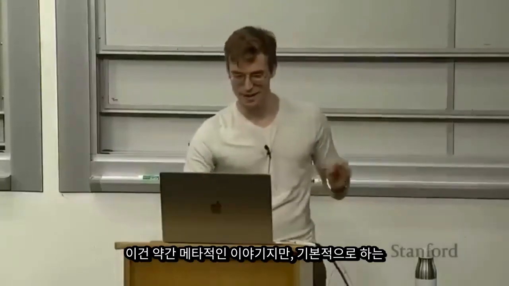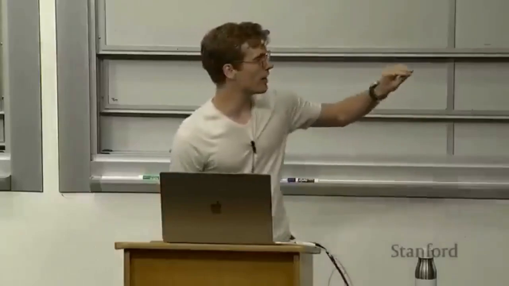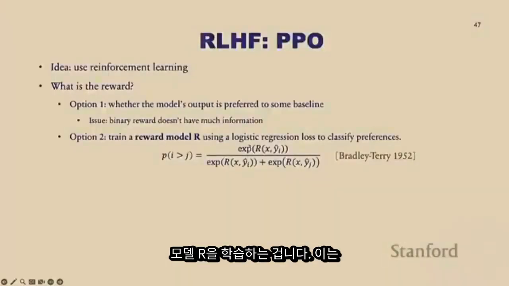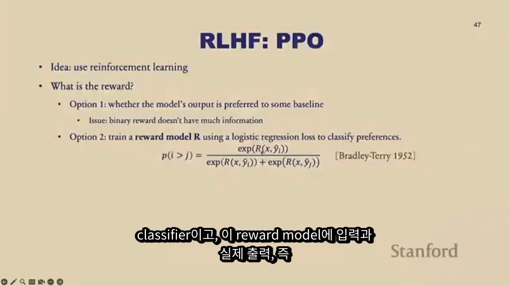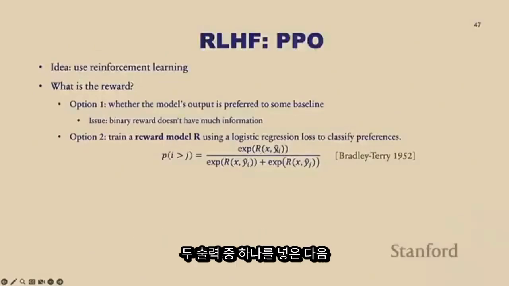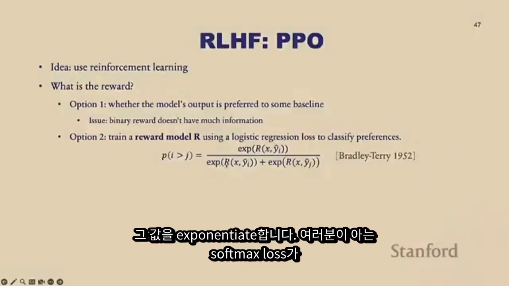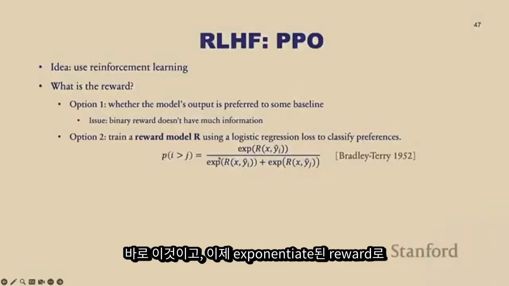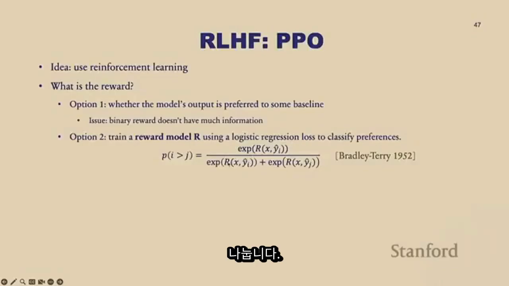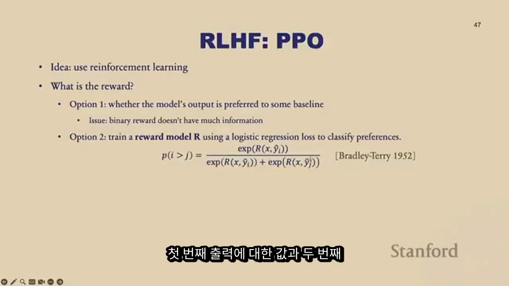This is a little bit meta, but what you basically do is you take a reward model R, which is just a large classifier, and you give it the input and the actual output that you have, one of the two outputs, and you exponentiate that, so that's the softmax loss that you all know about. Now you divide by the exponentiated reward on the first output, and this is on the second output.